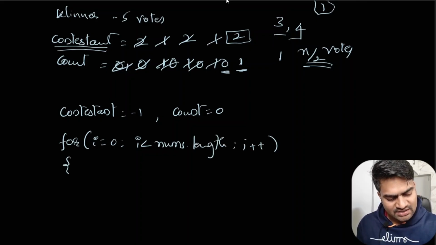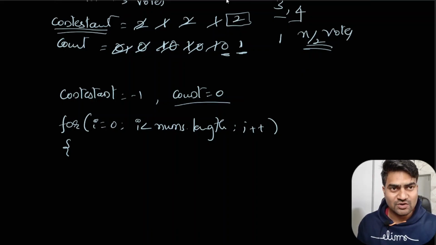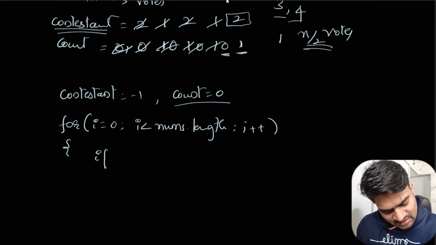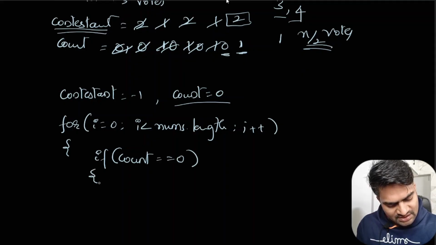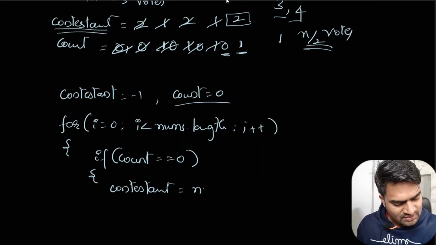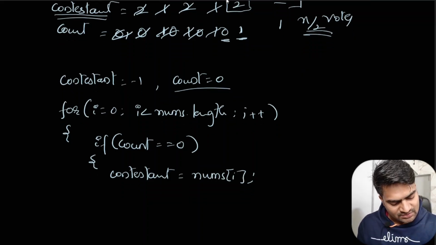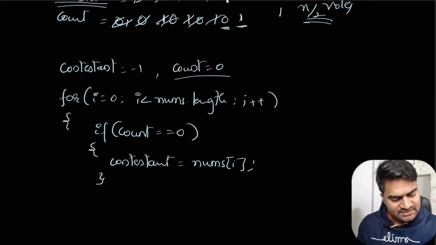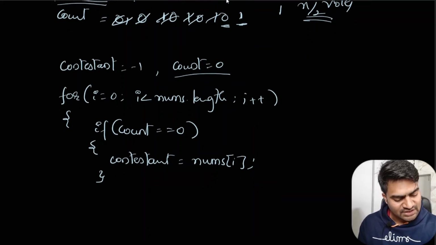Now you check if count is 0, then what we have to do, if count is equivalent to 0, then we will say our contestant will be nums of i.